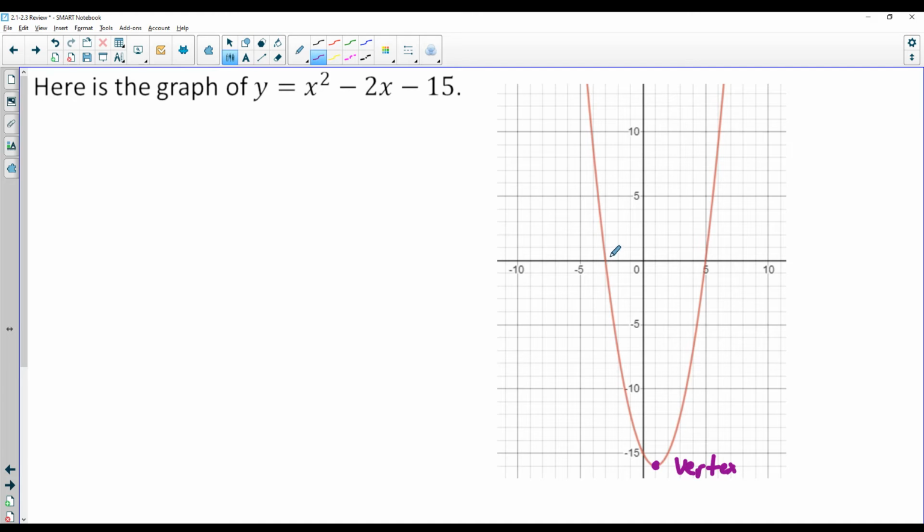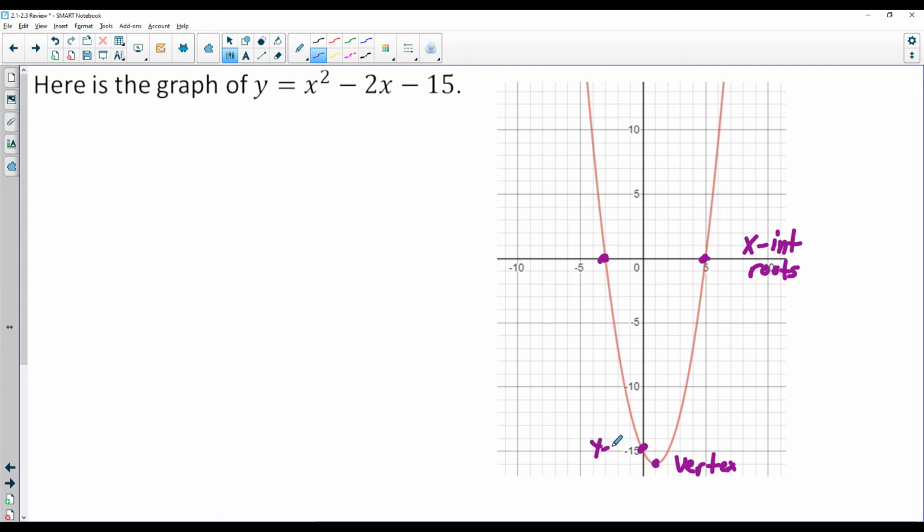We have 2 points here and here that are called the x-intercepts, or the roots, right? Just another word. And then here we have the y-intercept, right? It's x-intercept because that's where it crosses the x-axis, and that's y-intercept because it's where it crosses the y-axis. And you just need to get comfortable with the word roots as well.